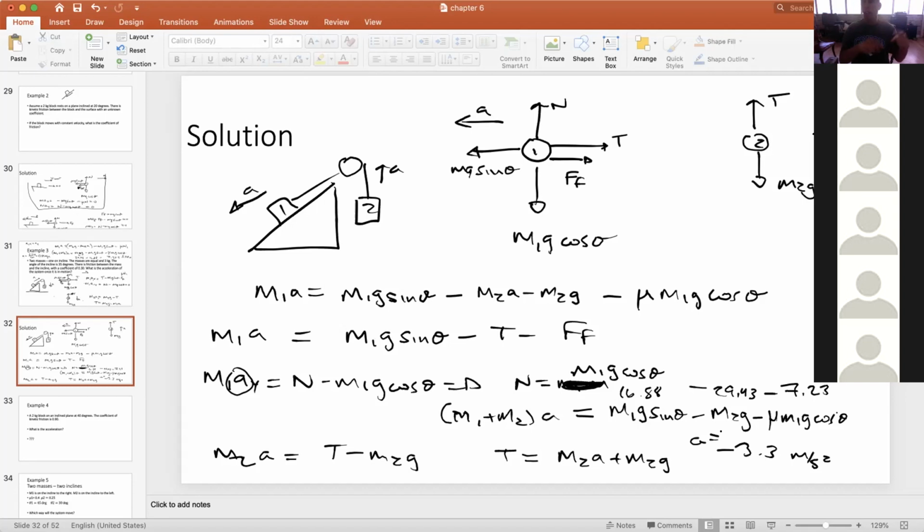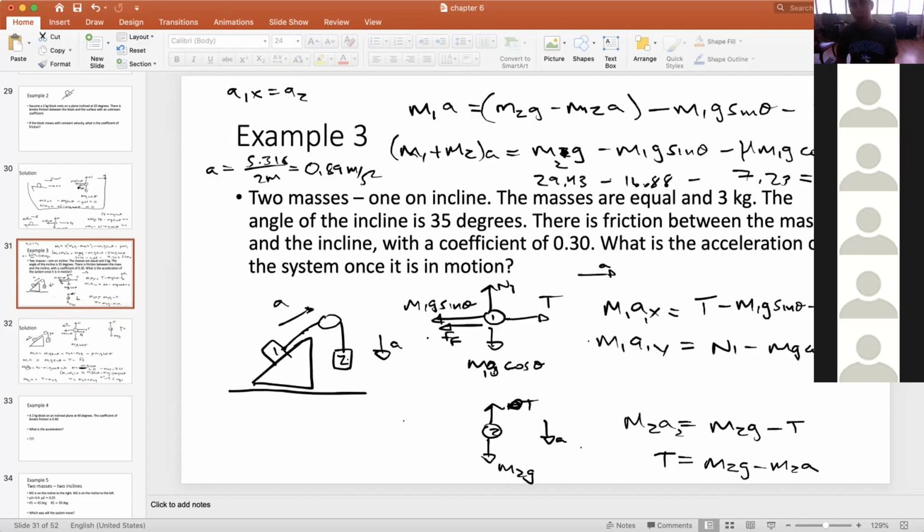All that's going to do is stop it from going down. Once it hits 0, it's going to start going the other way. So basically traveling down the incline, the acceleration for the system is negative 3.3. Once it starts traveling up the incline, the acceleration is 0.89 up the incline.